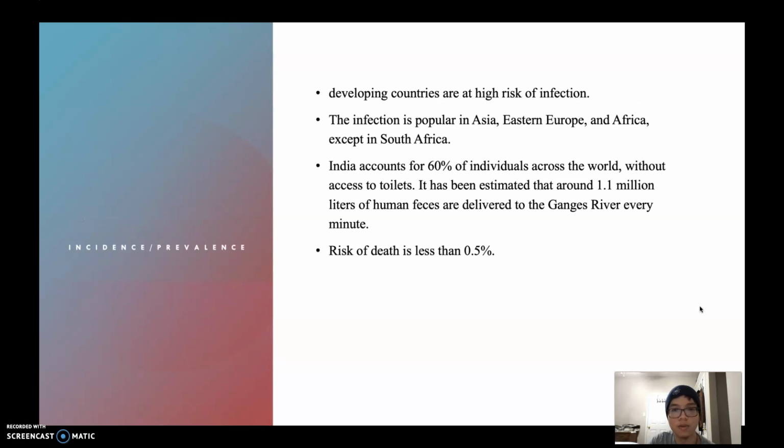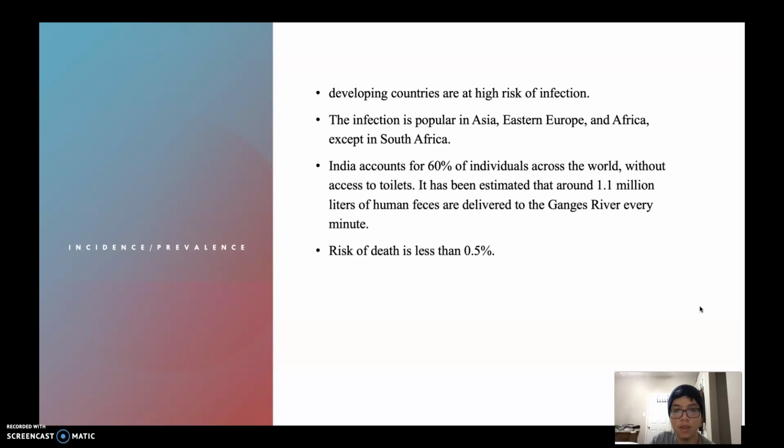Incidence and prevalence. Since infections only occur in poor conditions of sanitation, developing countries are at high risk of infection. The infection is popular in Asia, Eastern Europe, and Africa, except in South Africa. India accounts for 60% of individuals across the world without access to toilets.